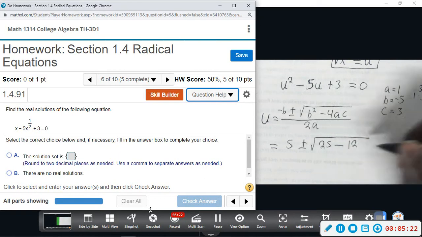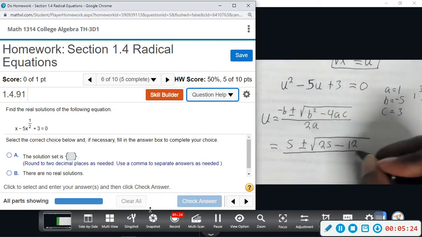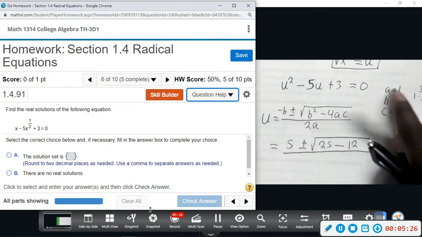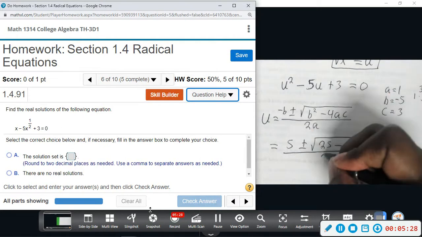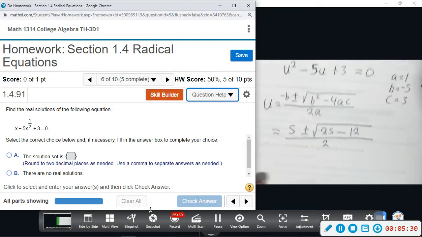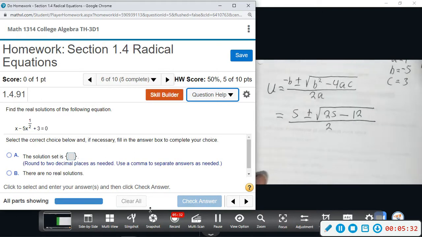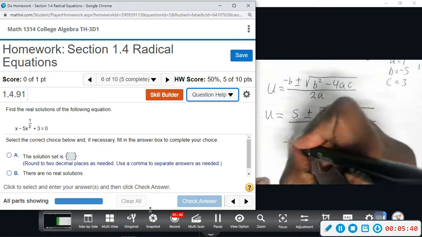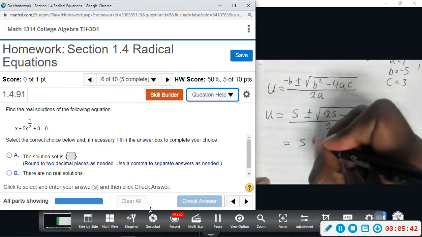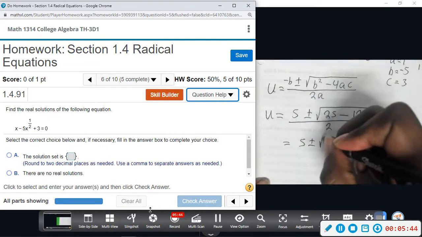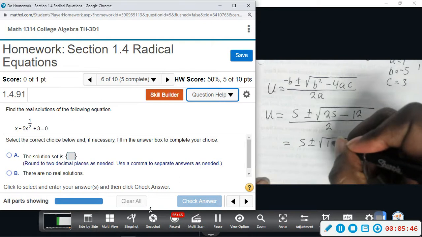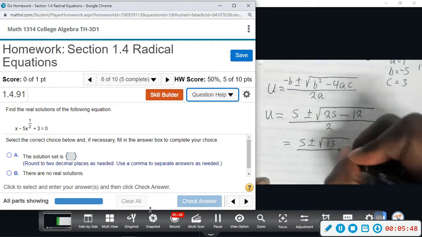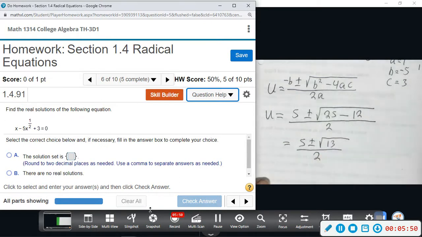So minus 12, all divided by 2A. 2 times 1 is 2. All right, so this is still what U equals. And we will simplify. So this will give us 5 plus or minus the square root of 13 divided by 2.